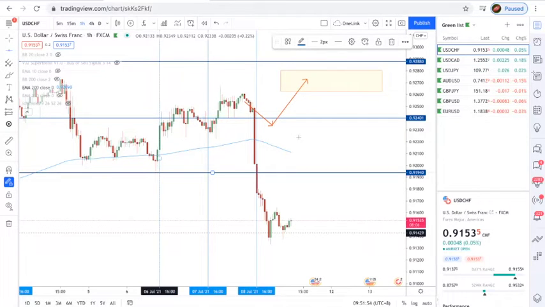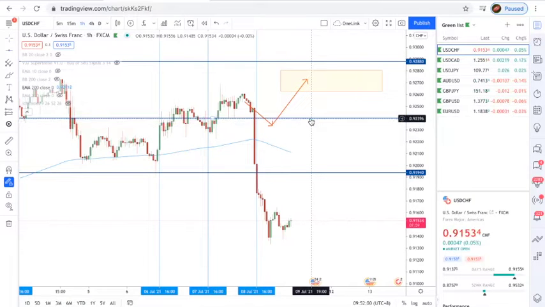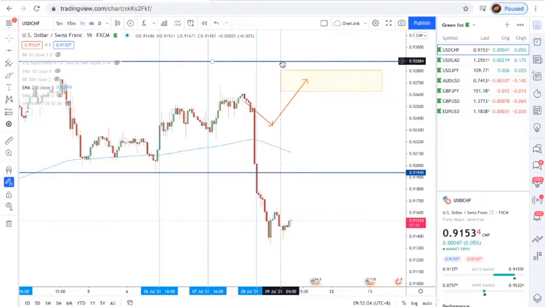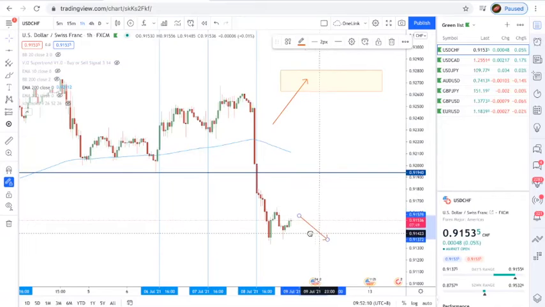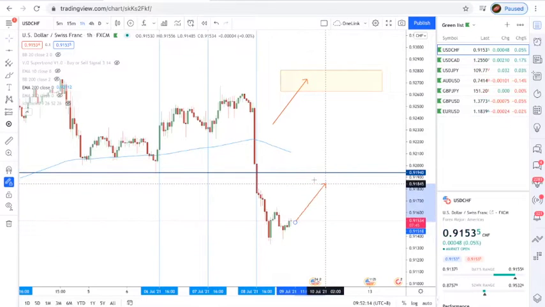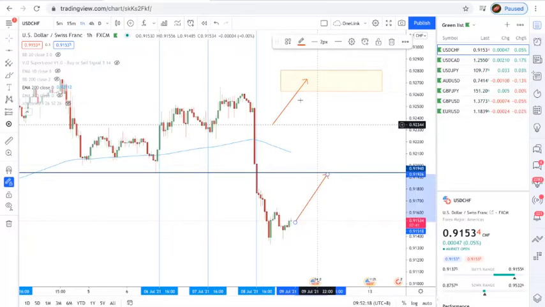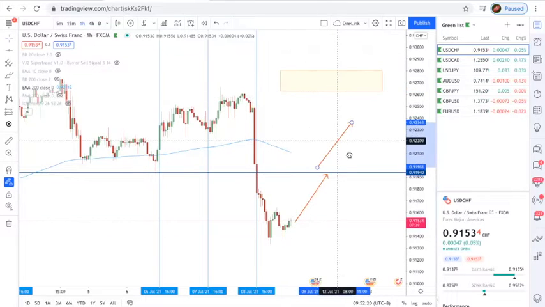So the chances of the market from here, I'm not telling that it will go like that, but that's the best possibility according to our analysis today.